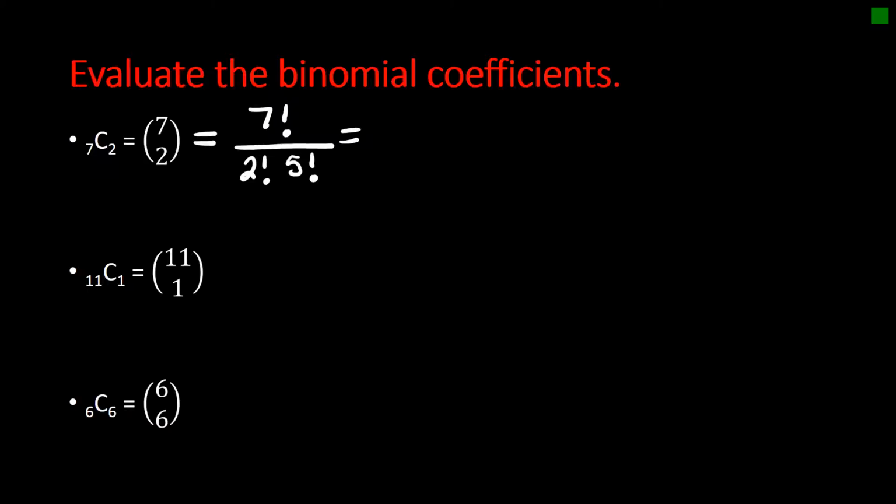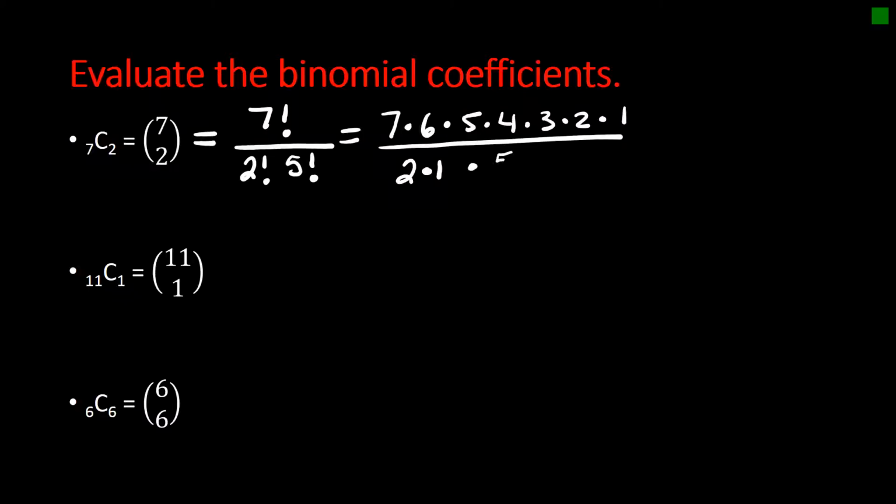Now, if you don't have a calculator, it's okay. There's a shortcut way that you can check this out. 7 factorial is 7 times 6 times 5 times 4 times 3 times 2 times 1, all over 2 factorial, which is 2 times 1, times 5 factorial.